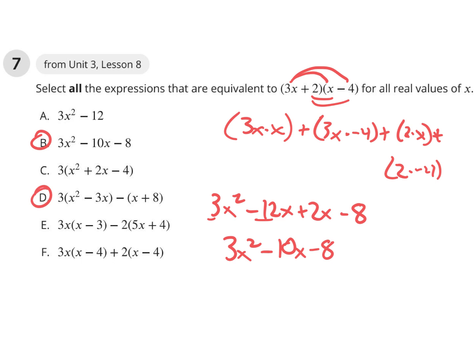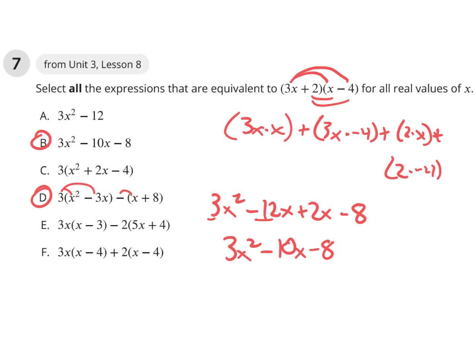D is alike. 3x squared minus 9x minus x is minus 10x minus 8. They factor some stuff out. Okay. And then minus 9x plus minus 10x. E is not alike.